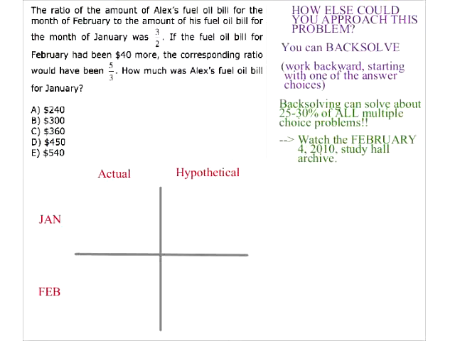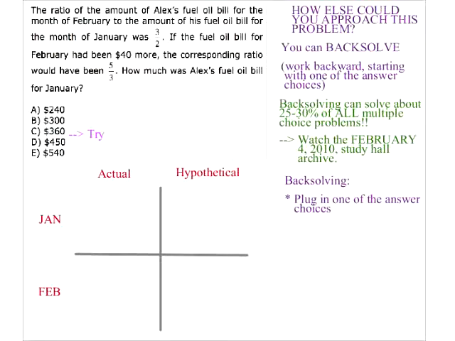Okay, let's backsolve. Let's start with choice C. Let's try that and see how that goes. So if we plug in 360, basically how backsolving works is you plug in one of the answer choices.